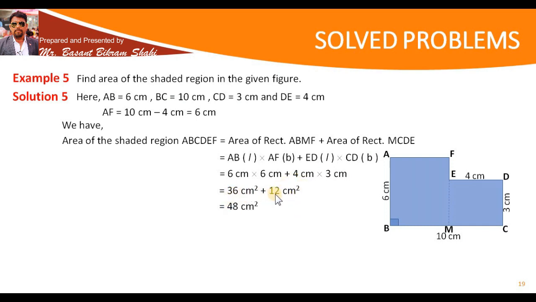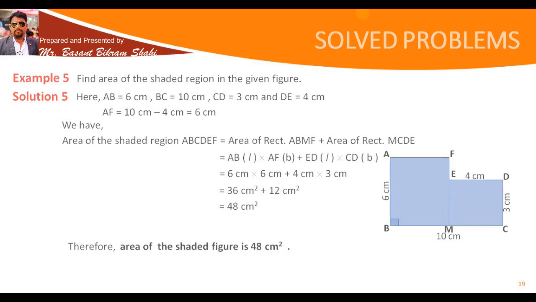And 36 plus 12 is 48 square centimeter. Therefore, the area of saddle region A, B, C, D, E, F is 48 square centimeter.